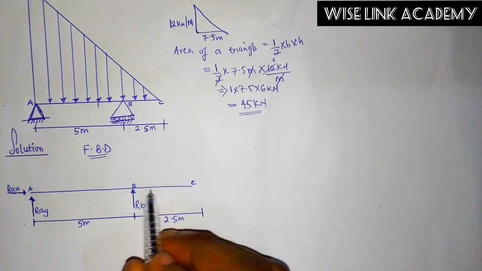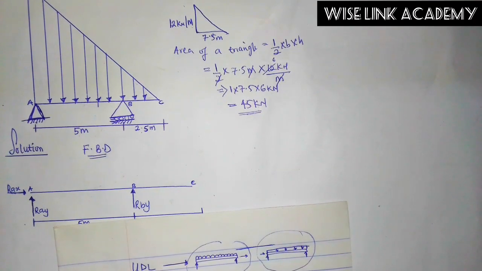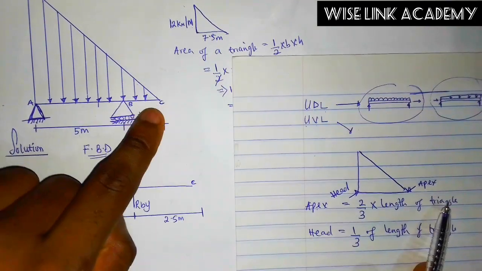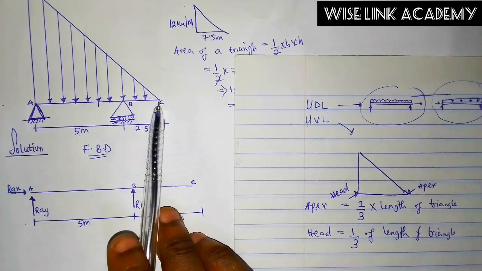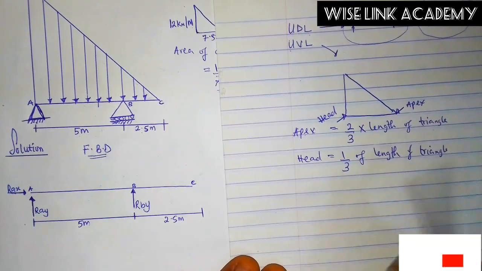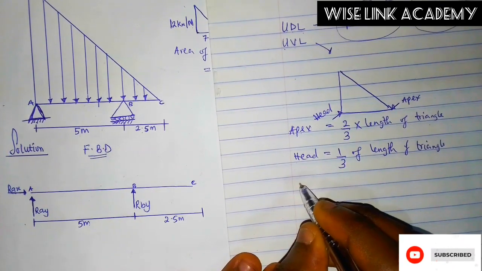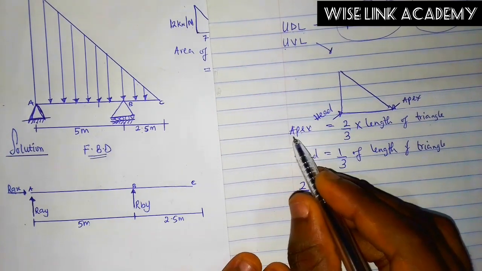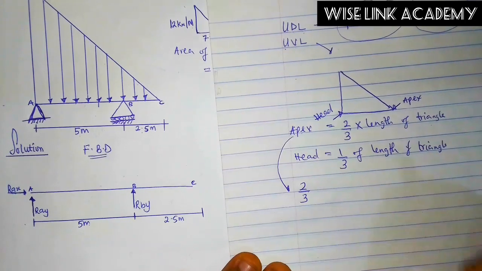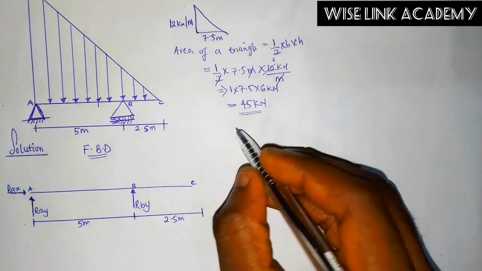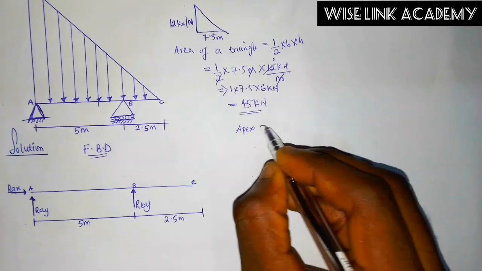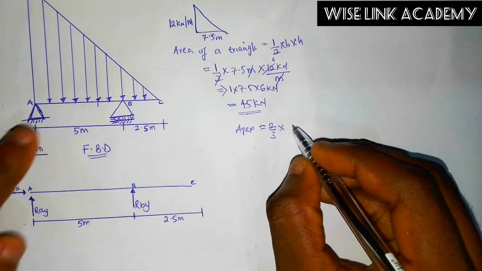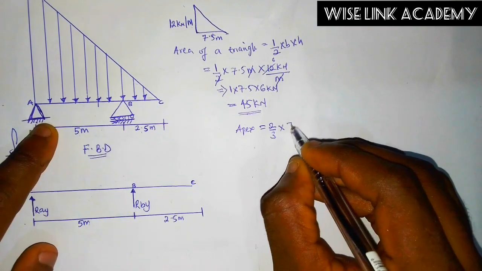If I'm taking my reading from the apex, that is from this point here, I'll just say from the apex, that is 2/3, isn't it? From my apex, that is 2/3 times the length, and the distance from here to here is 7.5.